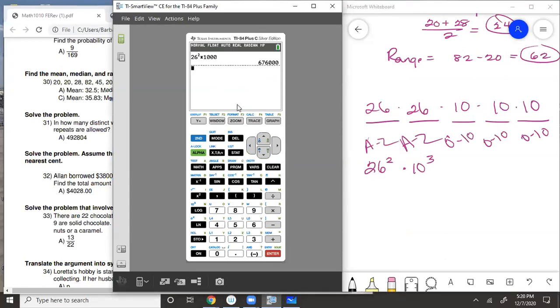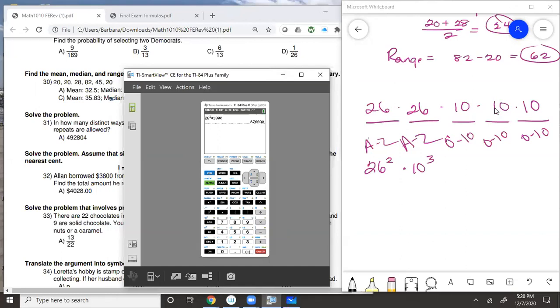I just did 26 times 30. Times 30. Where'd you get 30? 10 times 10. So times, you have 5. Oh, no. 10 times 10 times 10 is 1,000, not 30. Oh, yeah. Okay. I'm like, whoa.